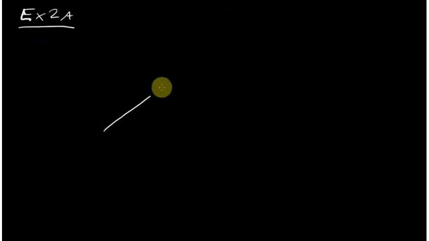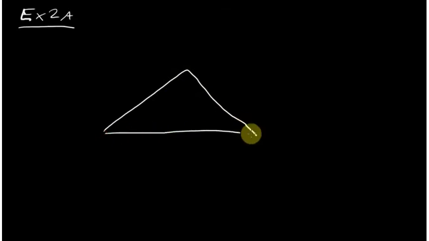So you'll be given a triangle, okay, and what you should notice is that this triangle does not have a right angle. That is not a right angle there, just in case you weren't sure.